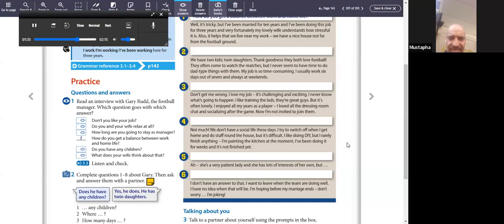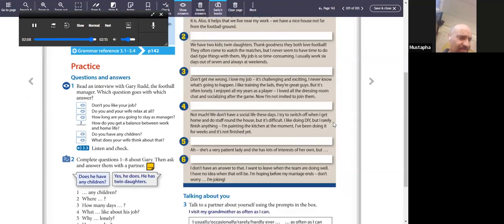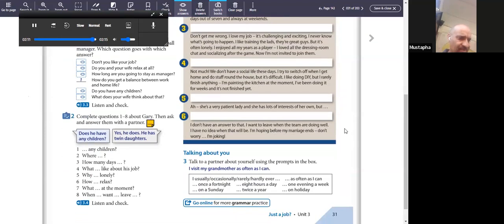I like doing DIY, but I rarely finish anything. I'm painting the kitchen at the moment. I've been doing it for weeks and it's not finished yet. What does your wife think about that? She's a very patient lady and she has lots of interests of her own, but... How long are you going to stay as manager? I don't have an answer to that. I want to leave when the team are doing well. I have no idea when that will be. I'm hoping before my marriage ends. Don't worry, I'm joking.